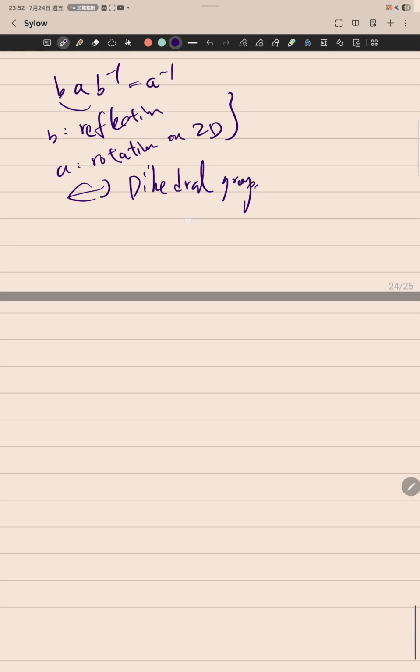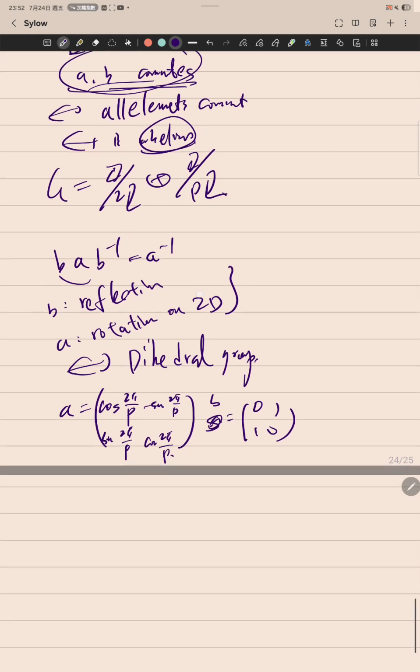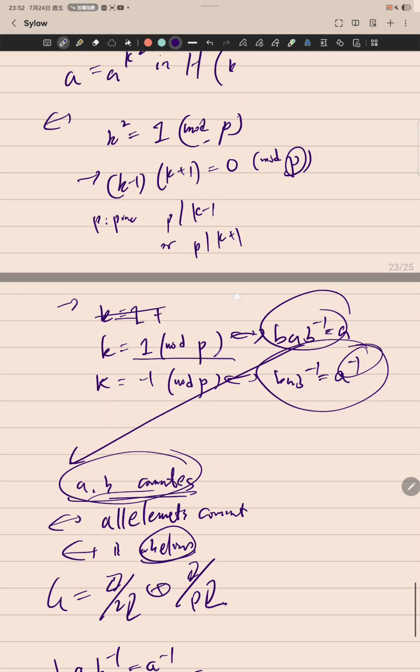You can prove this by considering the matrix version. A is cosine 2 pi divided by P, sine 2 pi divided by P, minus sine 2 pi divided by P, cosine 2 pi divided by P, and B will be 0, 1, 1, 0, and it satisfies this relation.